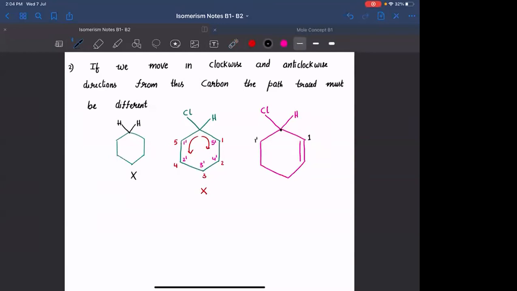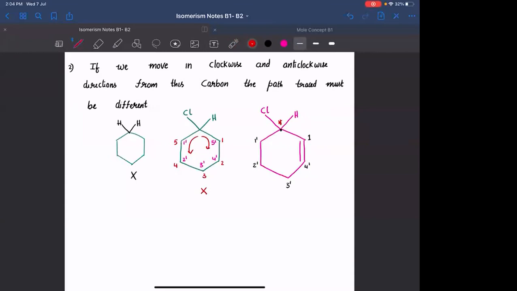In anti-clockwise path, you are getting the double bond on the fourth carbon. So whenever you are going in clockwise and anti-clockwise, are the paths same or different? Different. So this particular carbon will be called as chiral carbon.